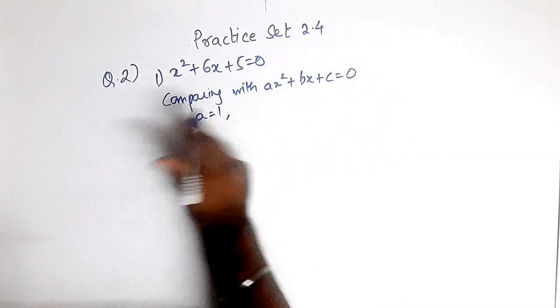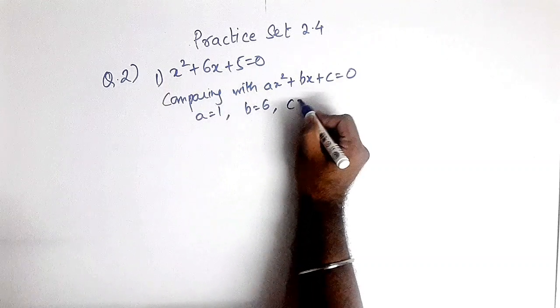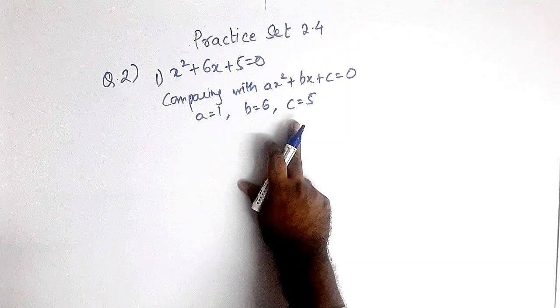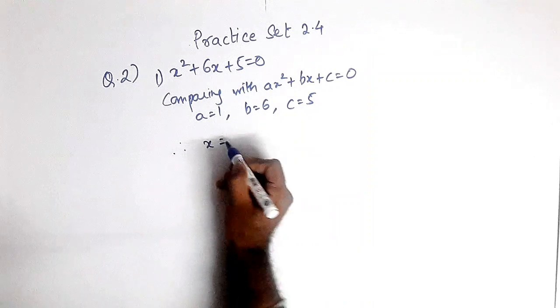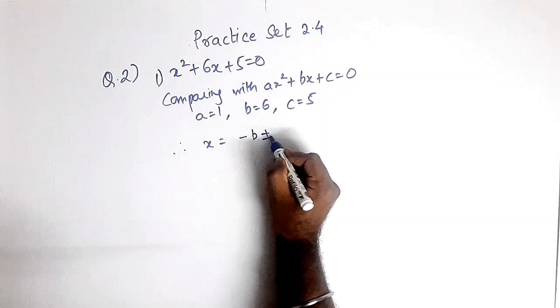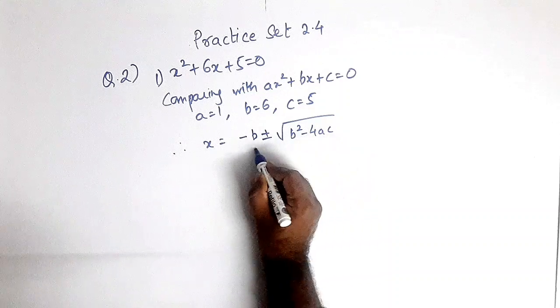What is a? a is 1. What is b? b is 6. What is c? c is equal to 5. So a is 1, b is 6, c is 5. Therefore x is equal to, this is the formula, minus b plus or minus under root b square minus 4ac upon 2a.